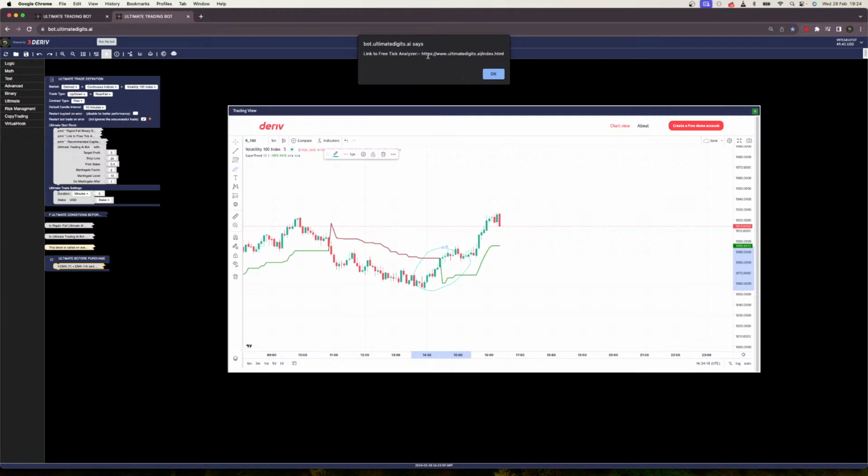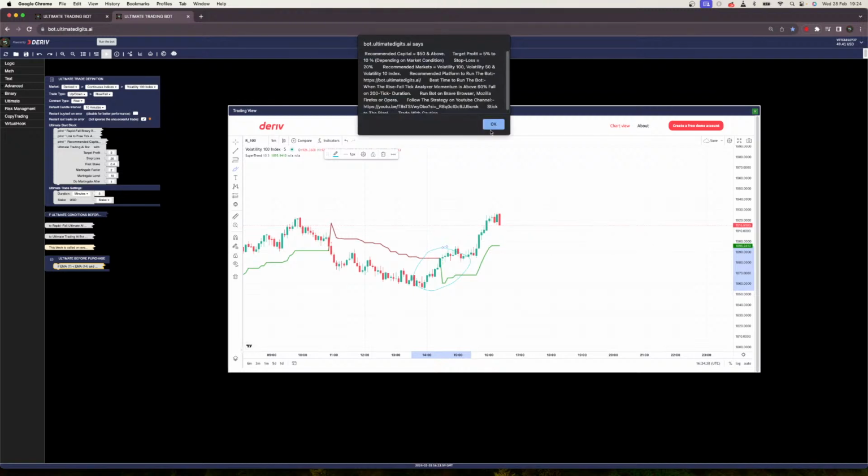To get the tick analyzer tool, you can go to my binary bot platform. This platform, you can see it right there on the dashboard icons. So press OK. If you are waiting for the next 5 minutes candle to close, you can hold at that point, then set your timer.